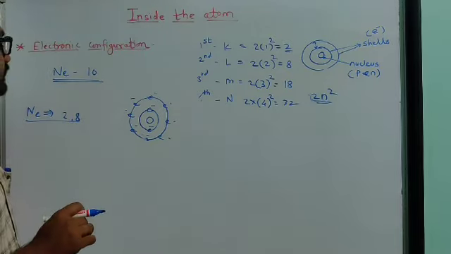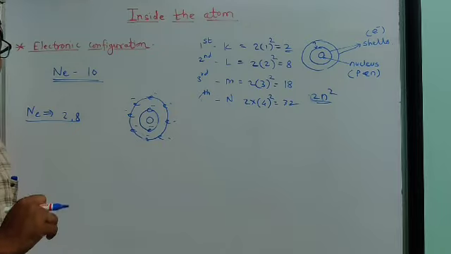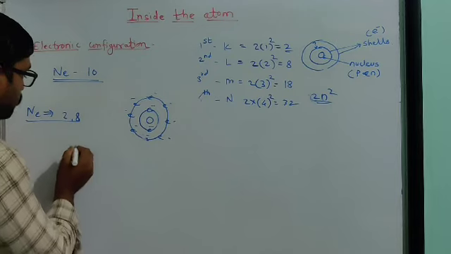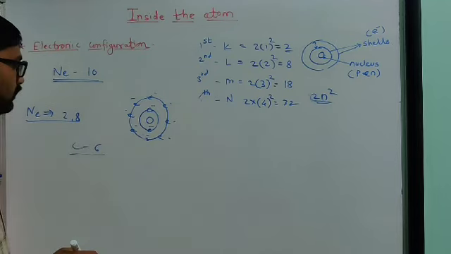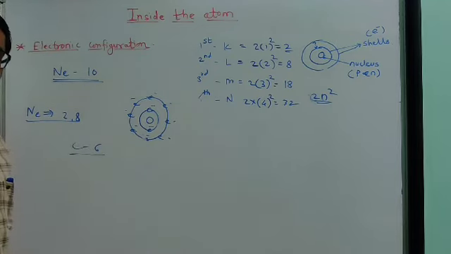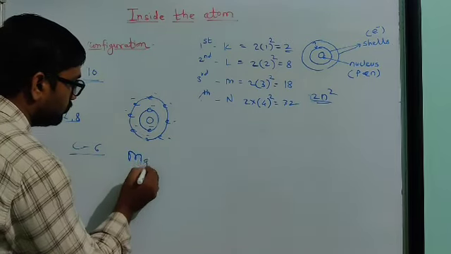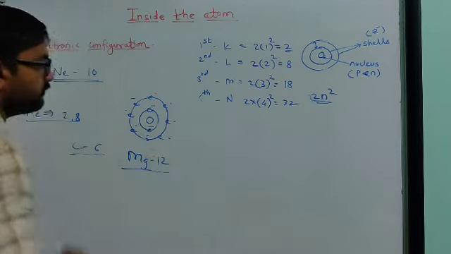So in an examination, if they give you one element, any element, suppose they give you carbon 6, write down its electronic configuration. Or you may have to write magnesium 12, which has 12 electrons.